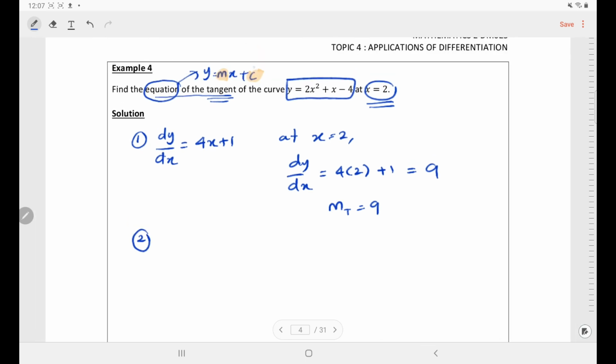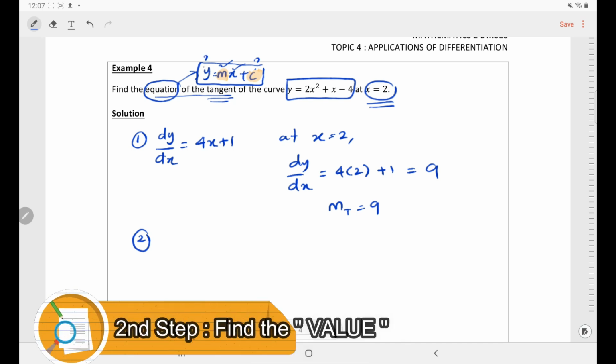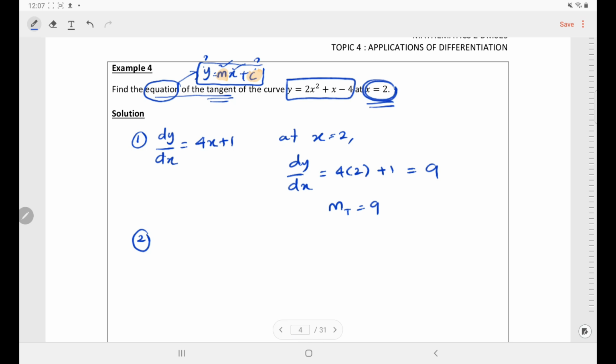Step 2, disebabkan kita nak guna persamaan y is equal to mx plus c, jadi ada satu lagi benda yang kita perlu cari, iaitu c. Okay, m dah ada, x dah ada. Satu lagi yang belum ada ialah y. Okay, sebab y is not given. Yang dia bagi hanyalah nilai x. Jadi kita perlu cari y kat sini. How can we find y?